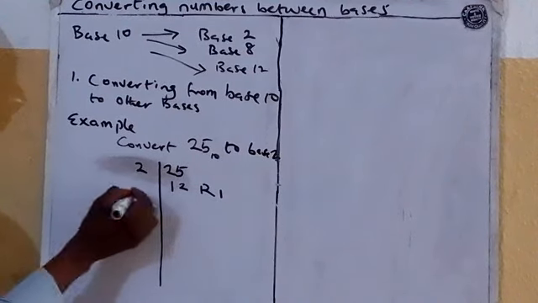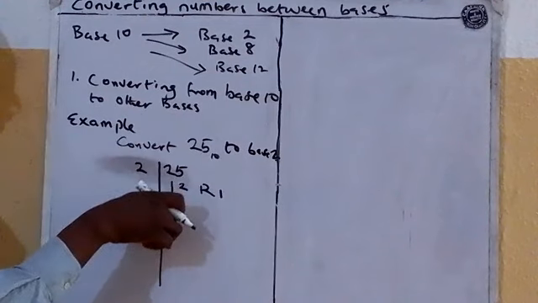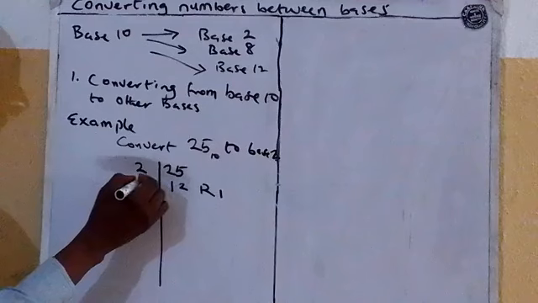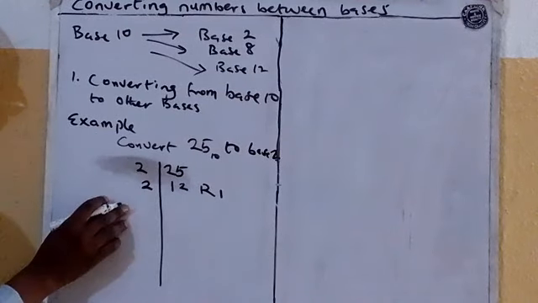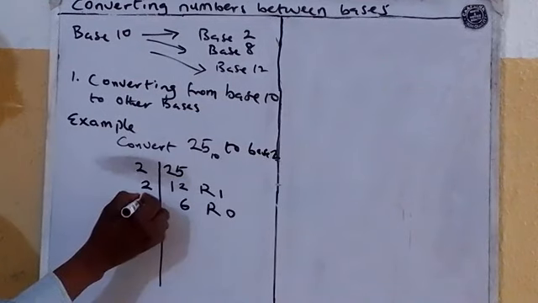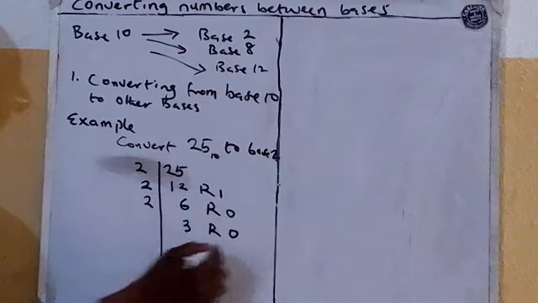Then I go again and do division, because I'm not getting to 0. I said do continuous division by 2 until you get to 0. So 2 into 12 is 6 times, remainder 0. Then 2 into 6 is 3 times, no remainder.